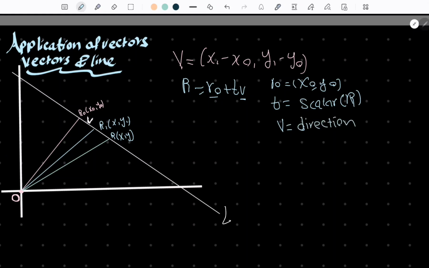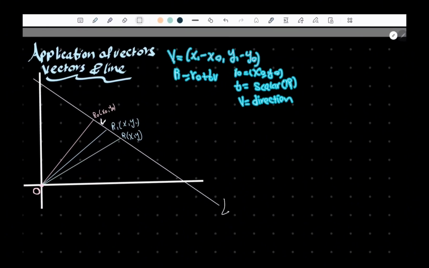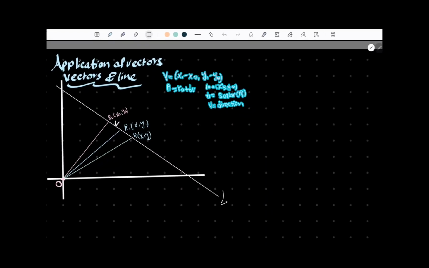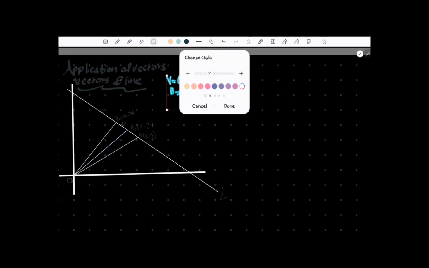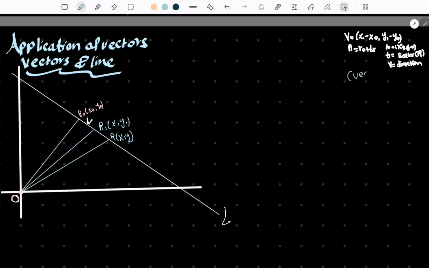So what you can observe from here is that only this T shows that V got bigger, so we multiply it, and R naught will be added to show the initial vector. So this equation is called the vector equation of a line, and you should never forget it.